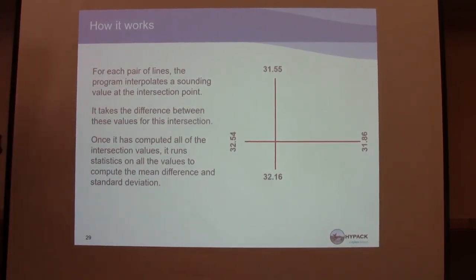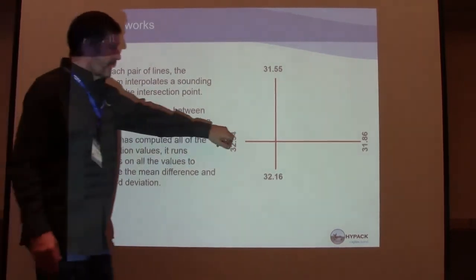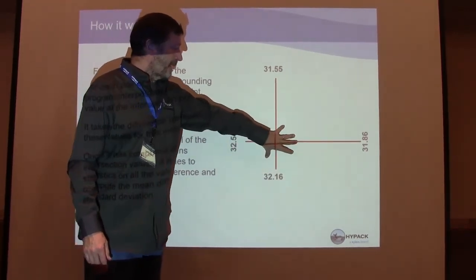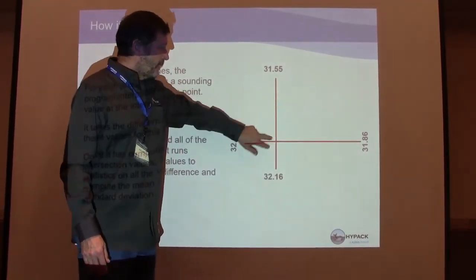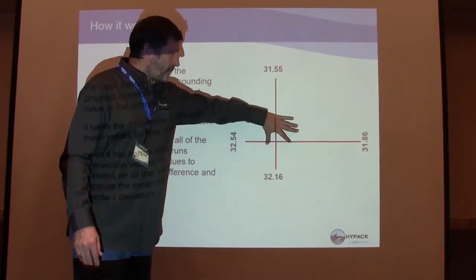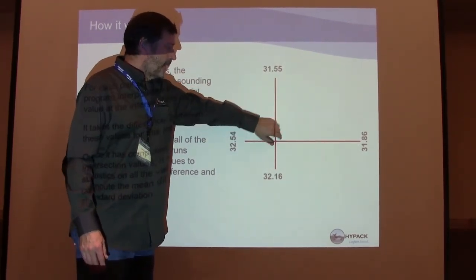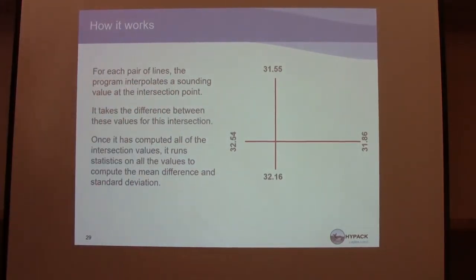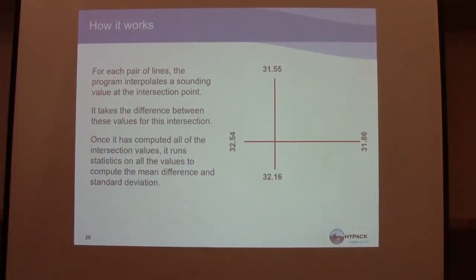The lines actually require, when you survey them, HYPACK planned lines. It uses the planned line intersection, and you specify a radius and look for the soundings closest to that radius, and it interpolates and calculates the difference at the intersection.